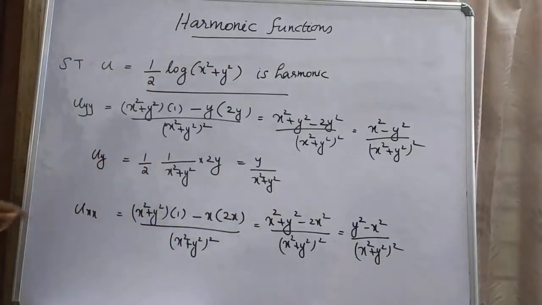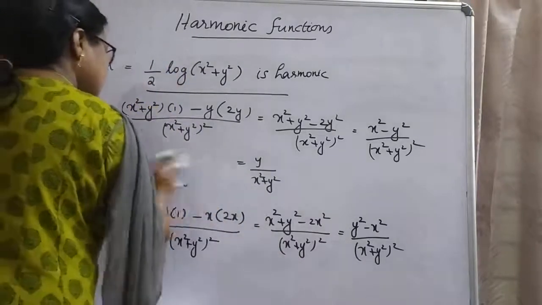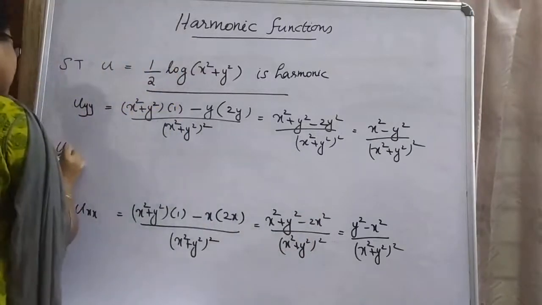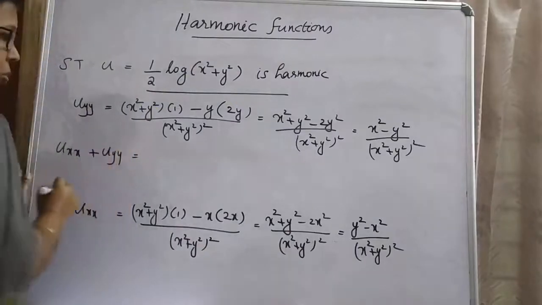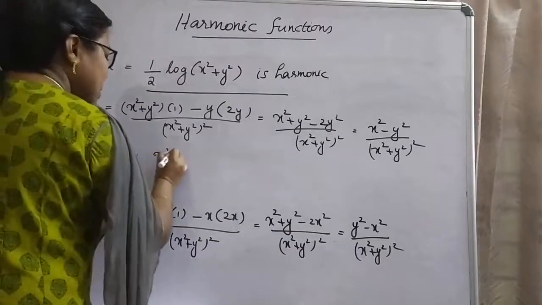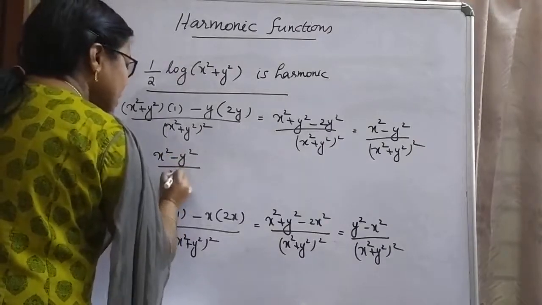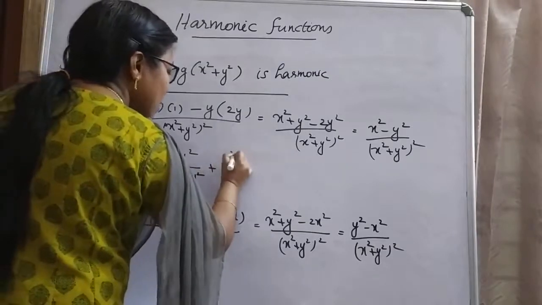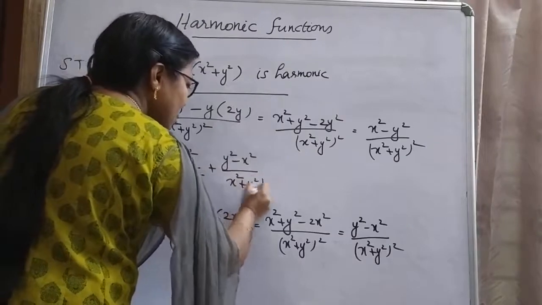Now we have to add this uxx and uyy. Uxx plus uyy is equal to x square minus y square by x square plus y square the whole square plus y square minus x square by x square plus y square the whole square.